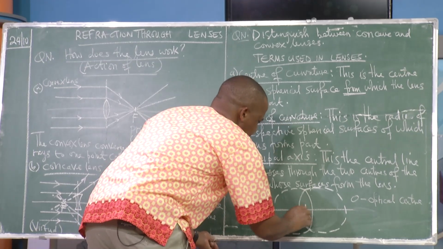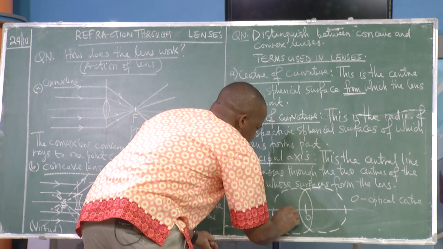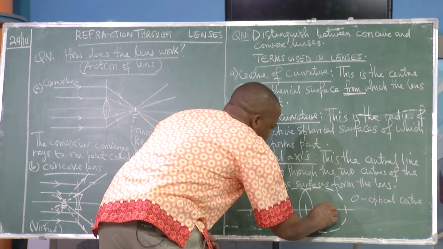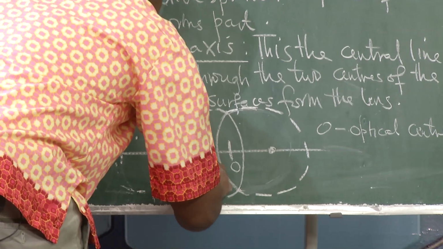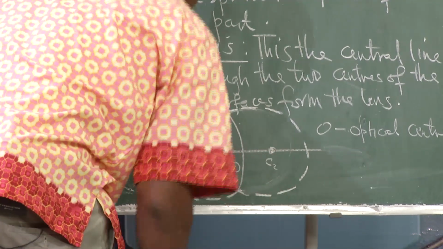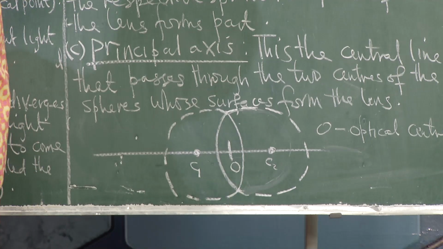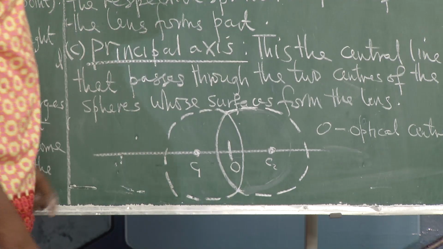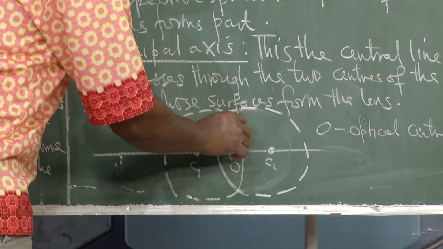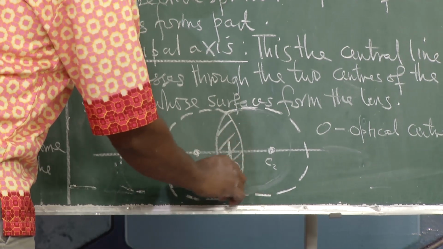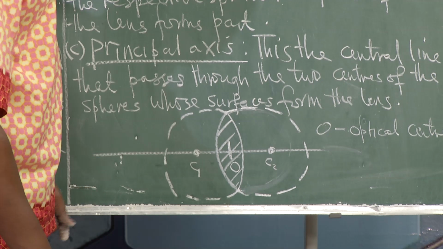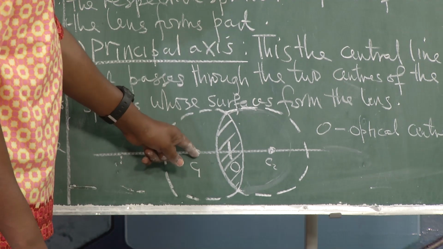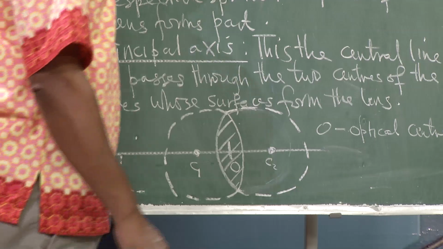It implies that there are two centers, and if this is center 1, we say this is center 2. For any given lens, it will have two centers of curvature, this one and that one.